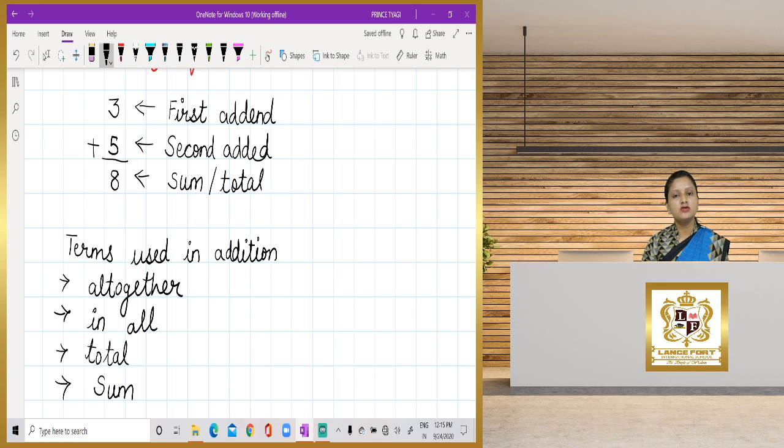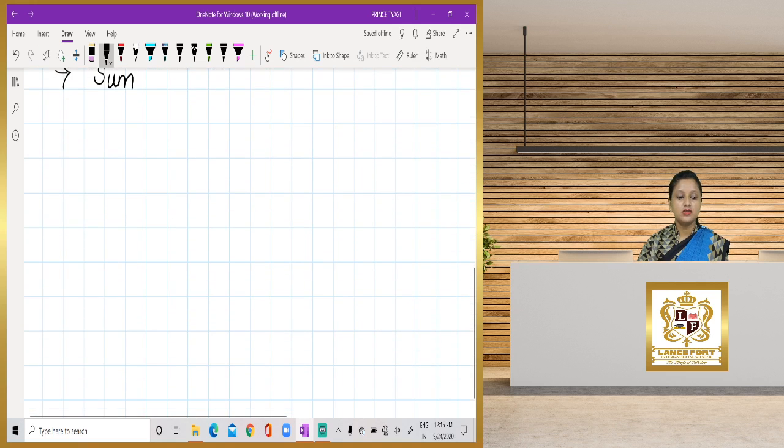Now I will tell you some more concepts of this topic, and let us discuss the properties of addition.